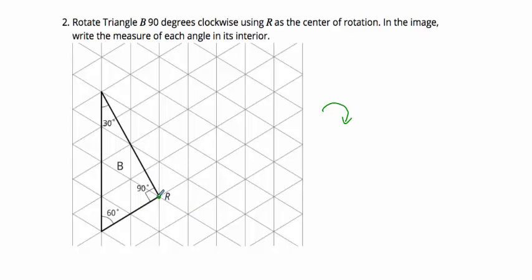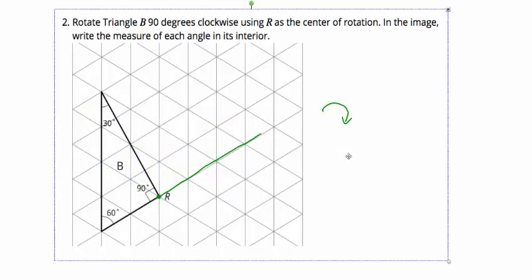So this point here isn't going to change, and we're going to flip this 90 degrees. So this line right here, if we turn that 90 degrees, it would come out to right there, right? This line here would be going straight up.